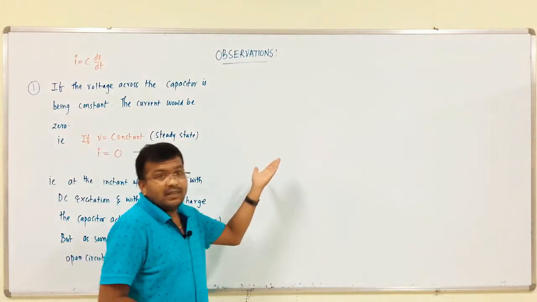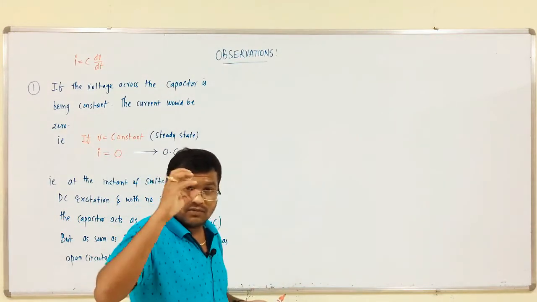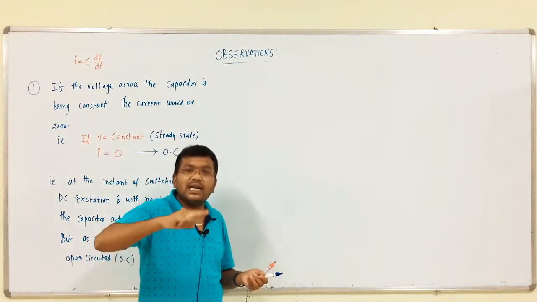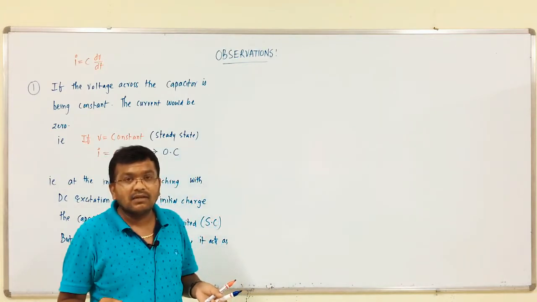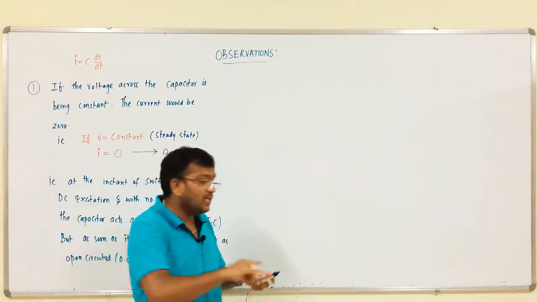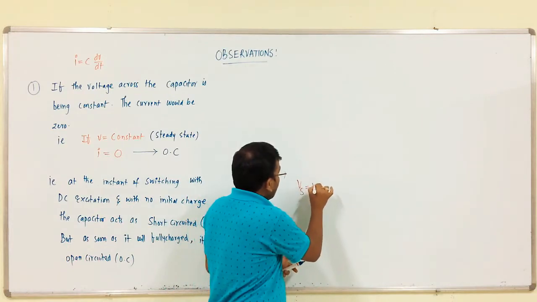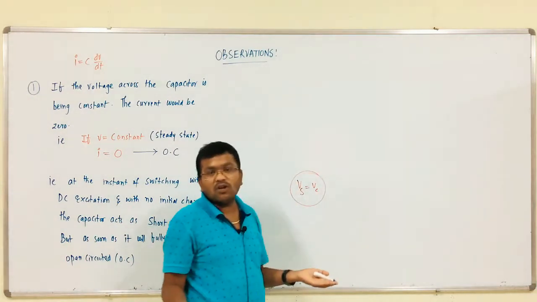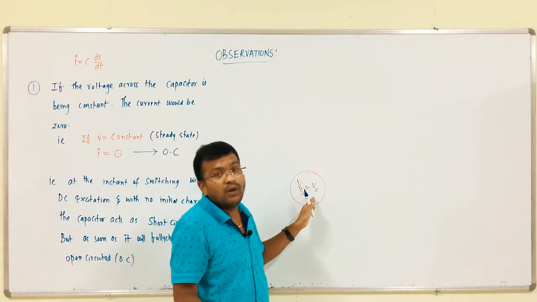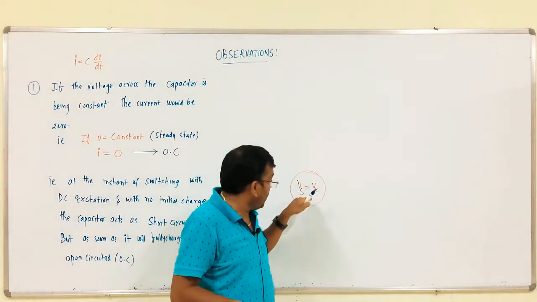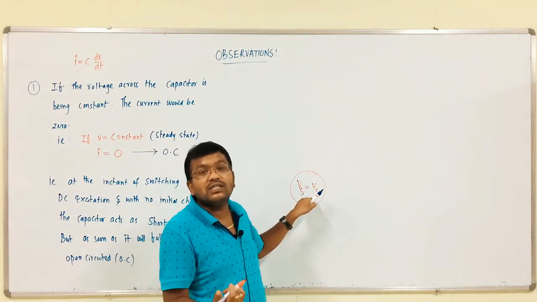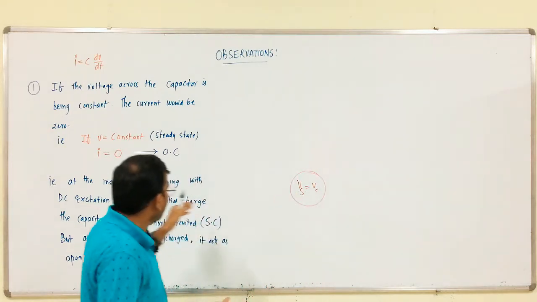See, in the analysis, after the switch is closed, the current gradually decreases till the supply voltage is equal to the capacitor voltage, constant, right? After fully charging, that is the condition you have to consider here.